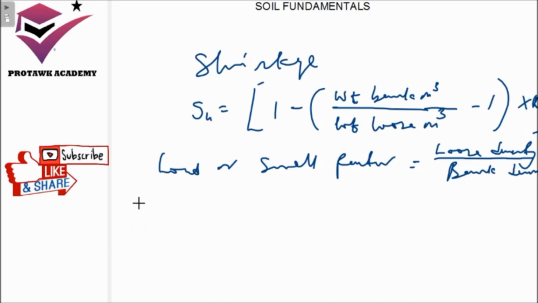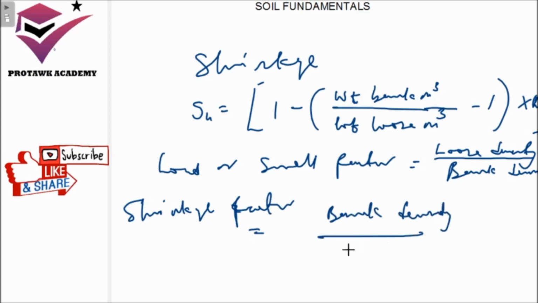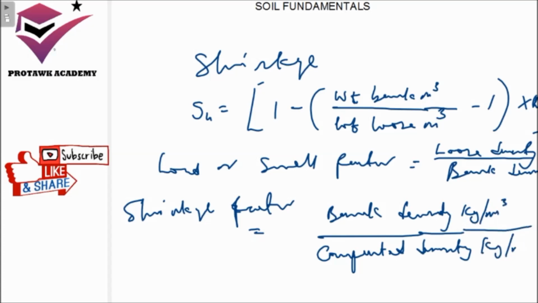So shrinkage factor is equal to the bank density over compacted density. The original density over the compacted density, when the soil is compacted, and it is in kilogram per cubic meter. So that's what we have.